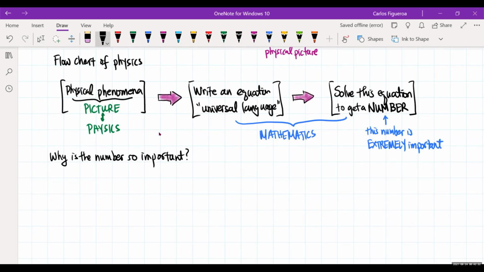And the answer is language. Everyday language is ambiguous. What I'm saying here is that everyday language has words that have double meanings.